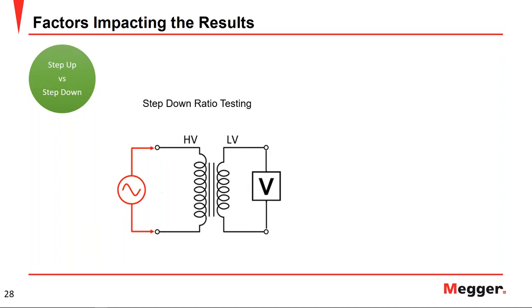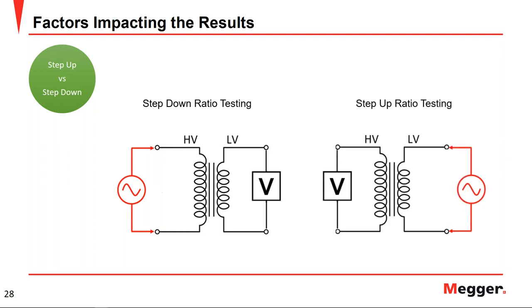So for example, if this was a 10-to-1 transformer and you injected 100 volts on the high voltage winding, you would get 10 volts on the low voltage winding. On the other side, when you inject voltage on the low voltage winding, this is called step-up ratio testing because you're going to inject that 10 volts on the low voltage, and by a factor of 10, you will then get 100 volts on the high voltage winding. So step down versus step up is how you are applying or exciting the transformer in order to get your test voltage.